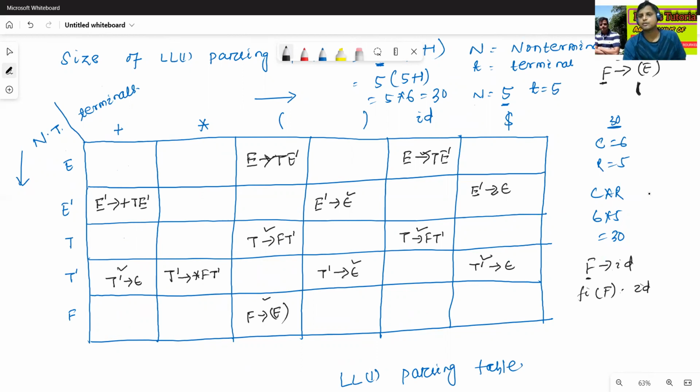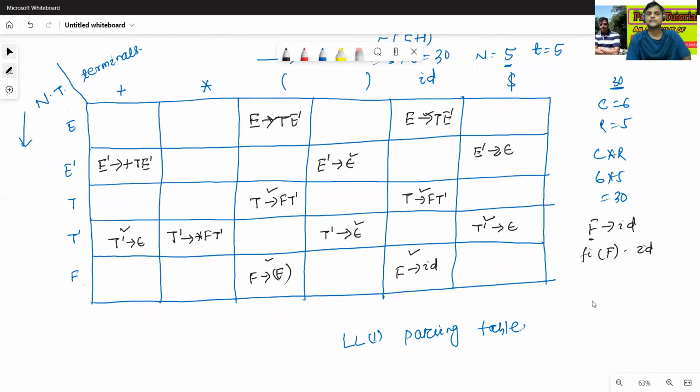So first of F equals id, and we'll place F to id under id. Okay, so this is the LL1 parsing table.